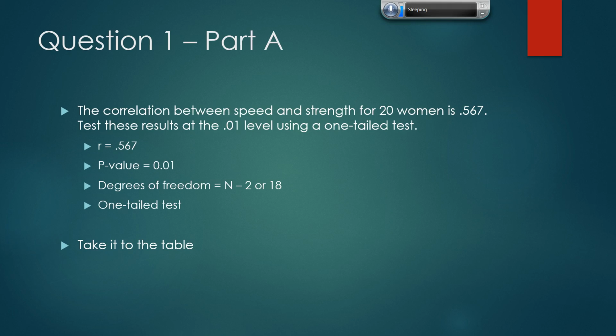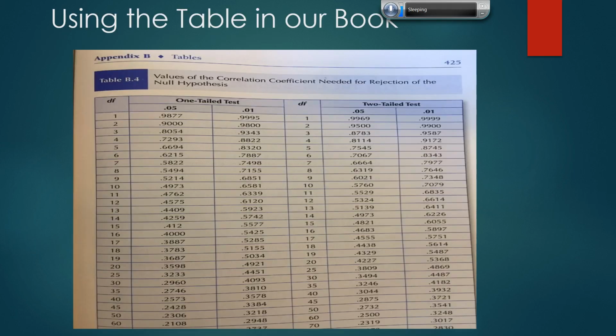So what are the pieces of information that we know? 1, we have a correlation of 0.567. 2, our p-value threshold is 0.01. Our degrees of freedom is n minus 2, 20 minus 2, or 18, and we're running a one-tailed test. So we can go back and look at the table. For 18 degrees of freedom, running a one-tailed test, we're going to be in this column, and our p-value threshold is 0.01.